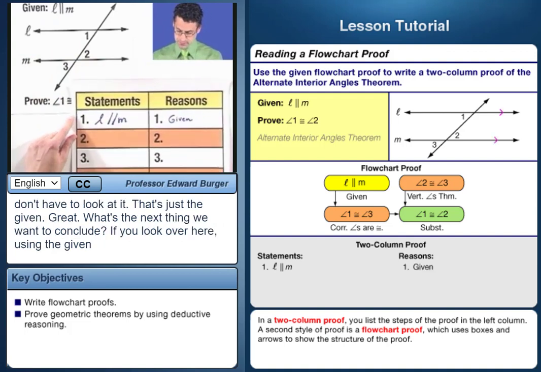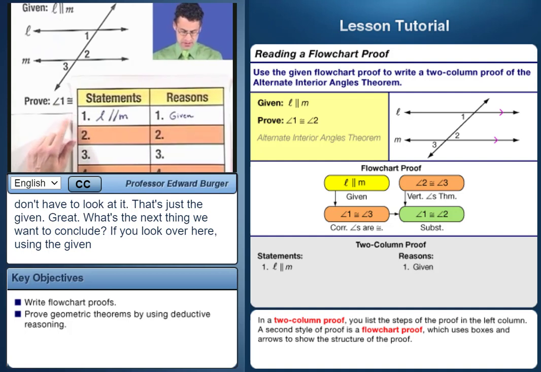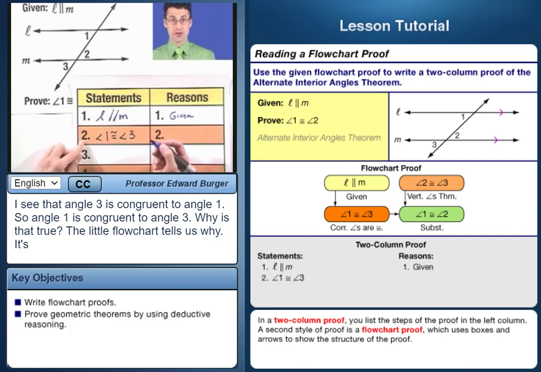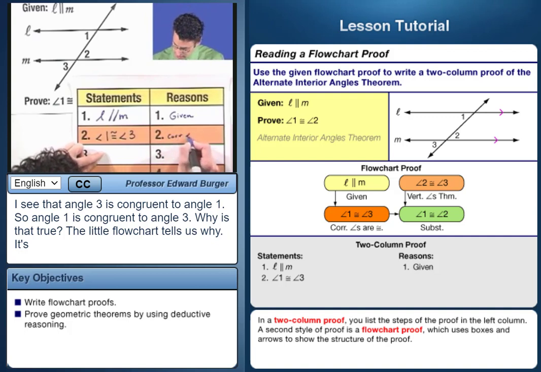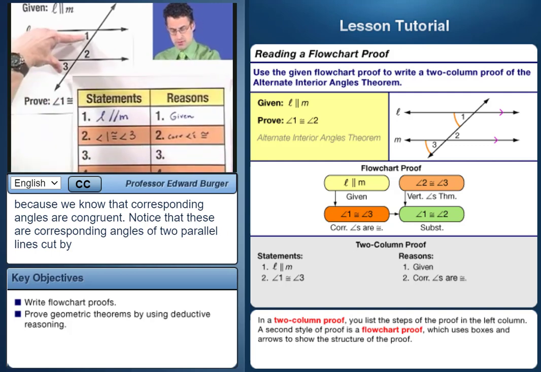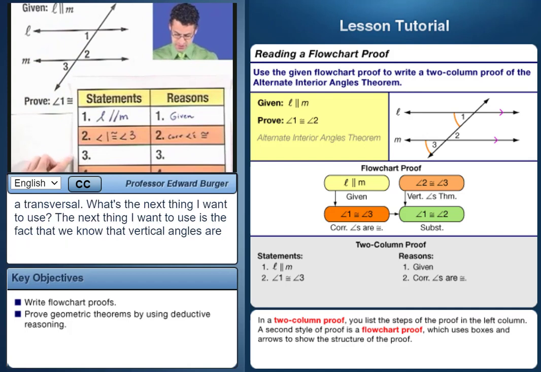Okay, great. Now, what's the next thing that I want to conclude? Well, if you look over here, using the given, I see that angle 1 is congruent to angle 3. And why is that true? The flowchart tells us why. It's because we know that corresponding angles are congruent, and notice that these are corresponding angles of two parallel lines cut by a transversal.